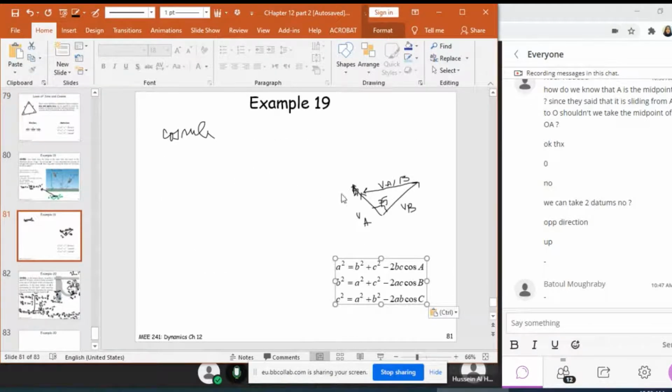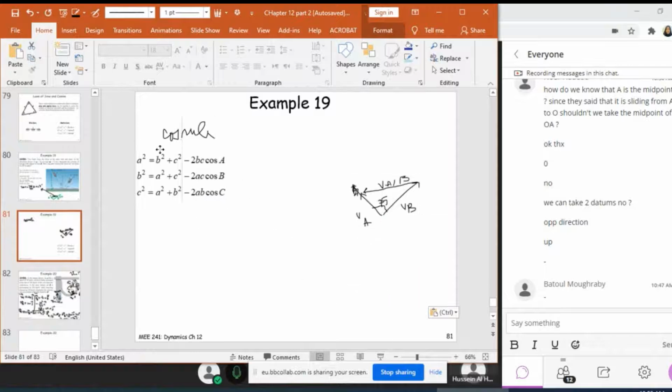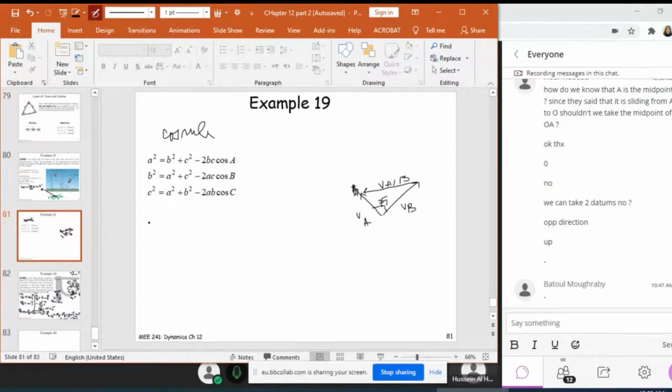So the cosine rule states that VA with respect to B squared in this triangle will be equal to VA squared plus VB squared minus 2 VA VB cosine the angle between them, which is cosine 75.